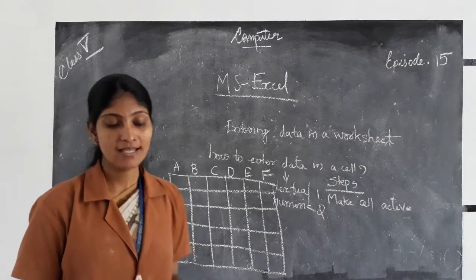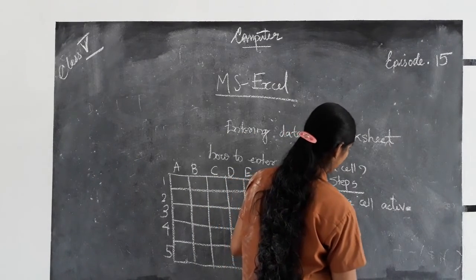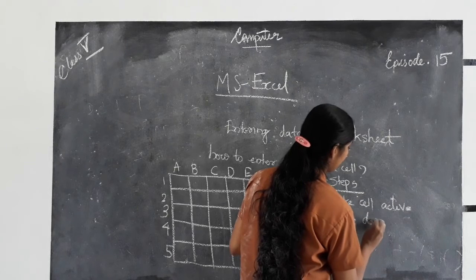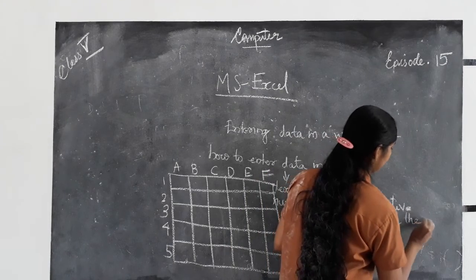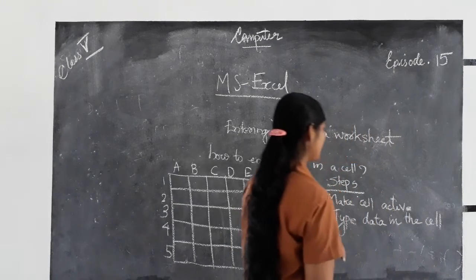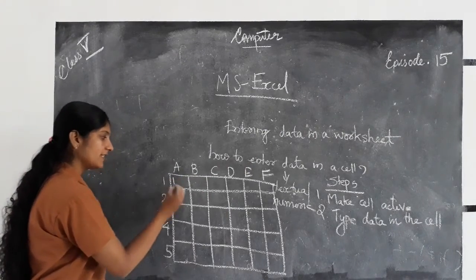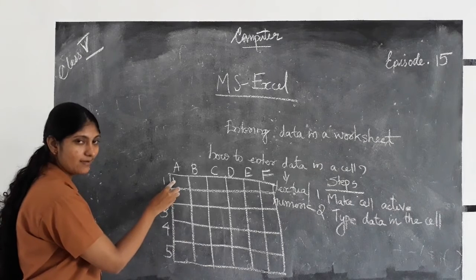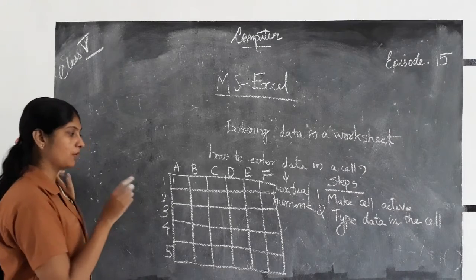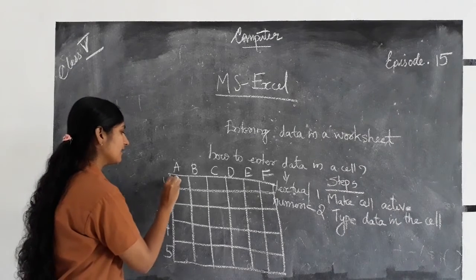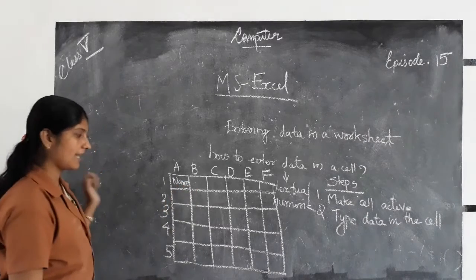So the second point is type data in the cell. When we click the cell, a cursor will display and you can enter the data by typing through the keyboard. For example, here we type a word, that is a name.